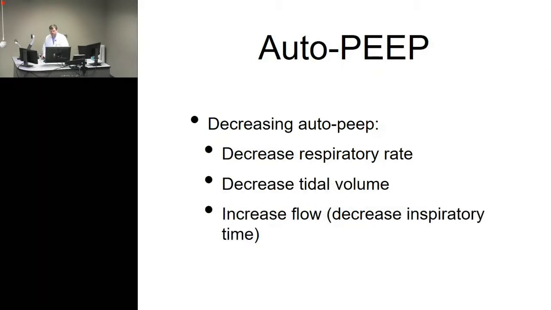Okay, so decrease Autopeep. And this goes back into kind of flow again. So we're looking at ways that we will decrease, one, the amount of volume to try to decrease PEEP levels, or intrinsic PEEP levels, and then we want to decrease respiratory rate, and we also can, and this is counterintuitive, increase flow, right?